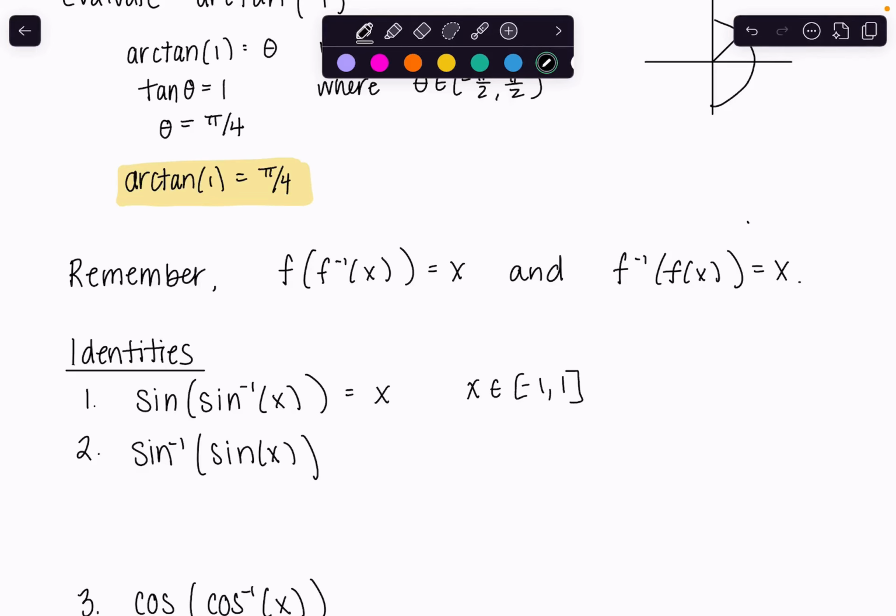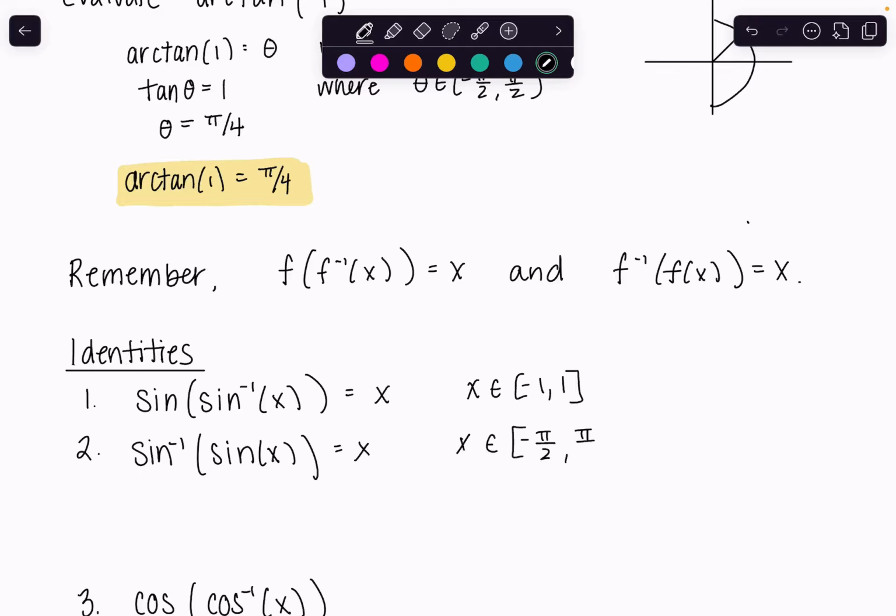If instead I have the inverse sine function on the outside, you have to be careful because sine of x has a domain of whatever it wants. I have no problem putting in the angle 2 pi. However, for inverse sine, I'm not going to get 2 pi as an output. So this is only going to cancel when the inside is in the interval from negative pi over 2 to pi over 2.